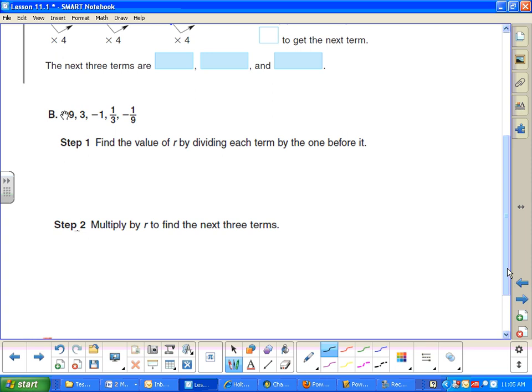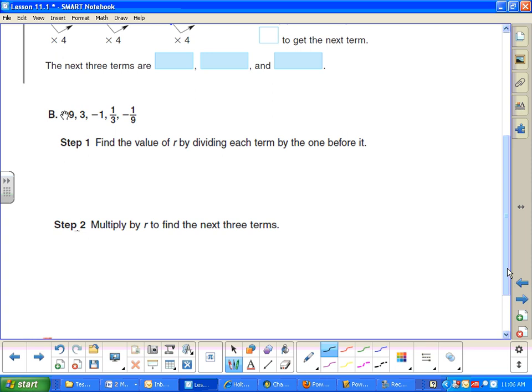So the first thing we need to do to be able to get the next 3 terms in the sequence is find out what is the common ratio. And actually, if it is a geometric sequence, I only need to do it one time, because any one of those times, they're all going to be the same. So I only need to do it once.